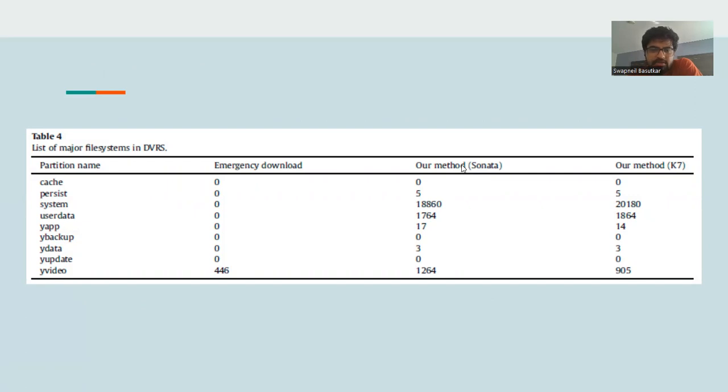So using the paper's method, the method that is defined in the paper, on the Sonata and the Kia K7, you can see the partition names as cache, persist, system, user data, Y backup, Y data, Y video, and the emergency download.